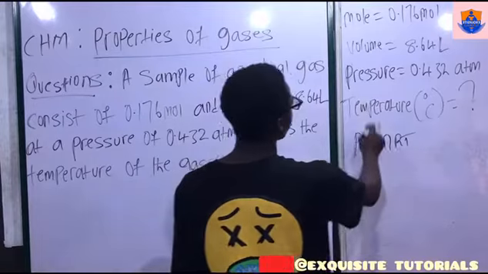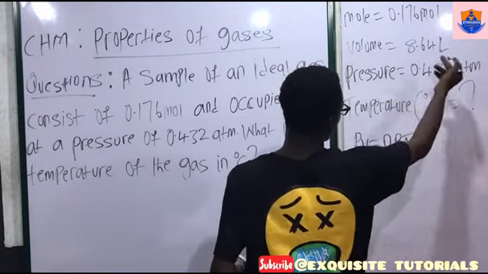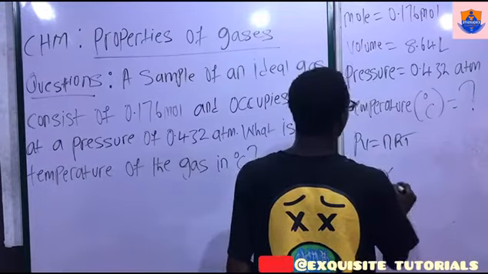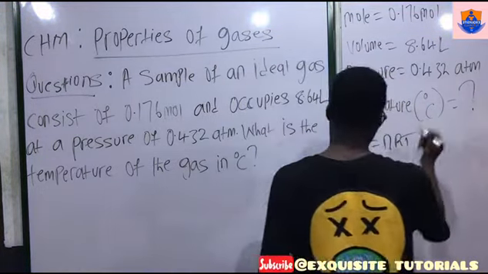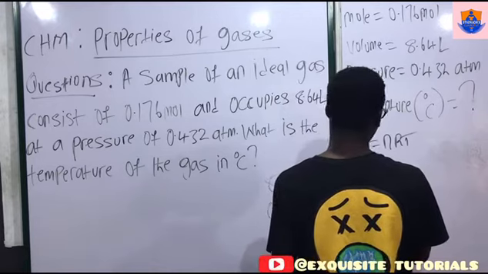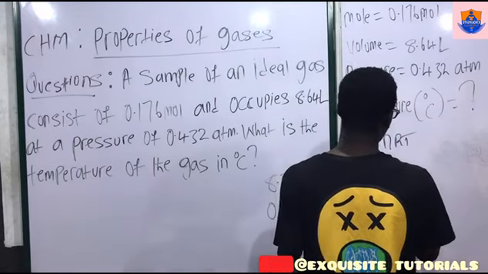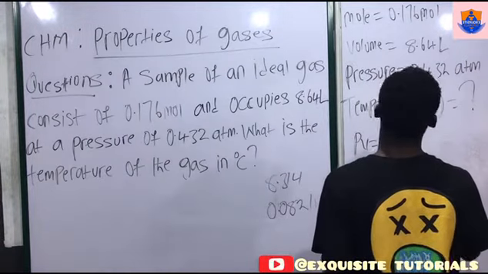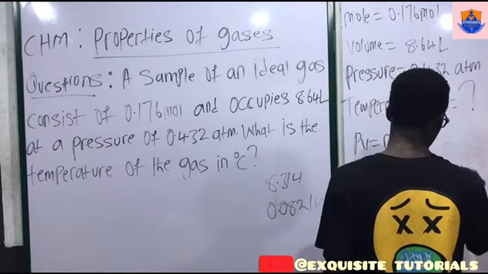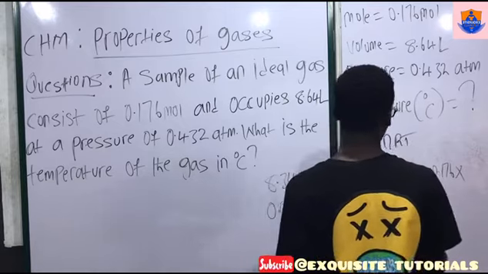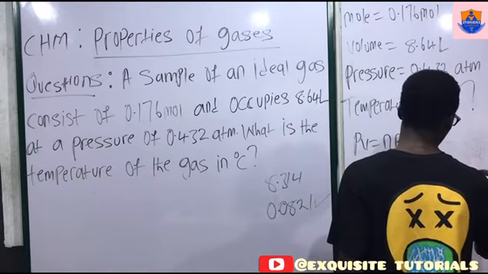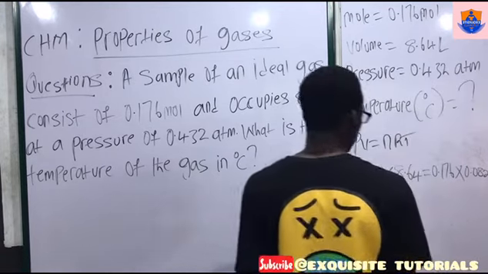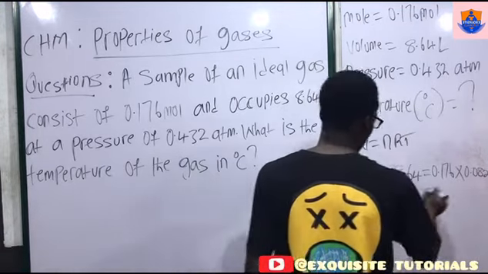Our pressure here is in atm, so we have 0.432. Our volume is in liters, so we don't have any conversion to do there. So we have 8.64 equals the moles, 0.176, times R, which is 0.0821, and times the temperature, which is unknown. Now let's multiply this.